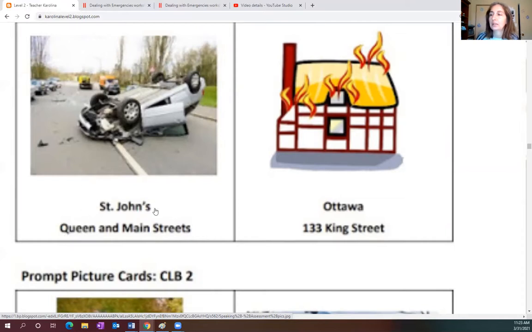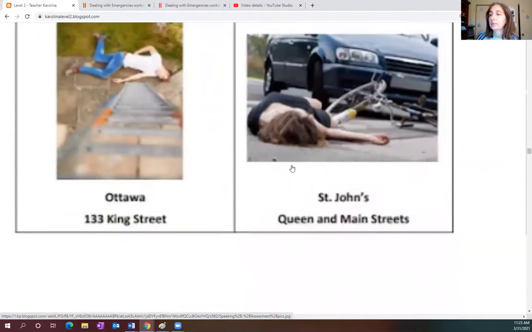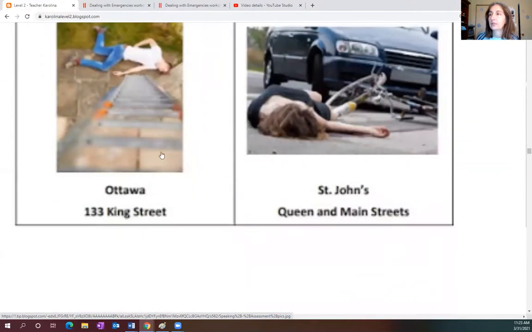So here under the picture, you have the city's name and you have the address of the emergency, Queen and Main Street. For this one, 133 King Street for the house fire, 133 King Street for the man who fell, and a woman who was in an accident. It's Queen and Main Street.